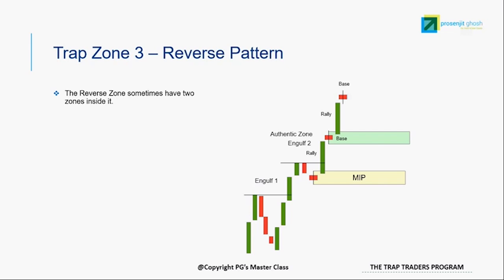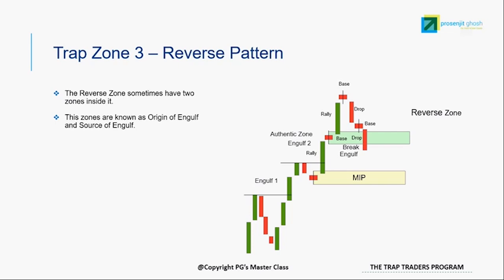One is a rally base drop, and the next is a drop base drop. So inside a reverse zone, sometimes you may find this kind of a situation. When that happens, and the engulf happens of the authentic zone, we call this area my reverse zone, and inside the reverse zone we will have two zones.